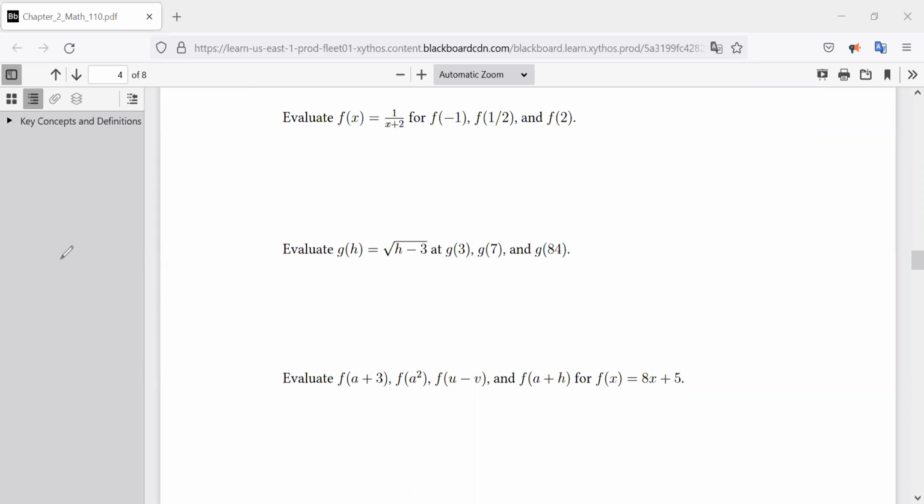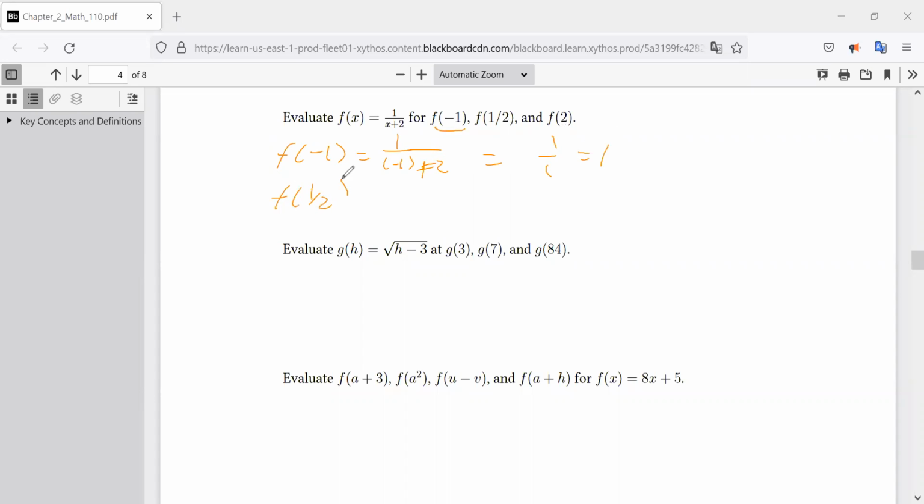So f of x is equal to 1 over x plus 2. So what do we have here if we just plug in -1? Yeah, we end up getting 1. So we get f of -1 is equal to 1 over -1 plus 2, which is 1 over 1, which is of course just 1.